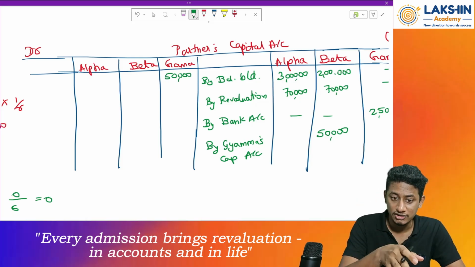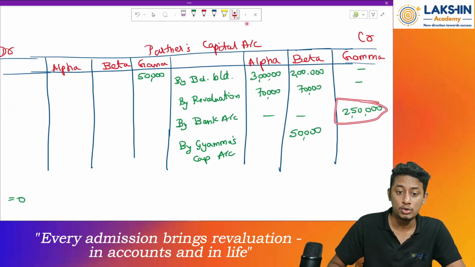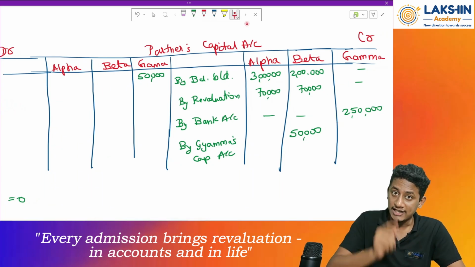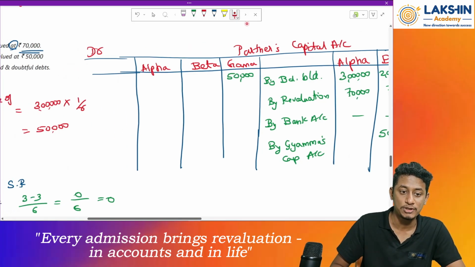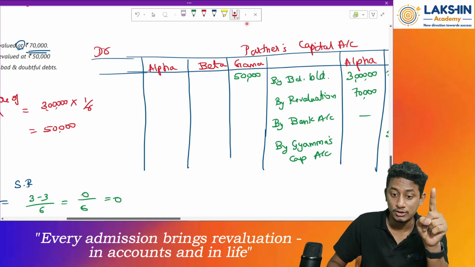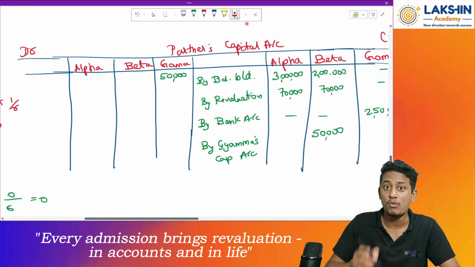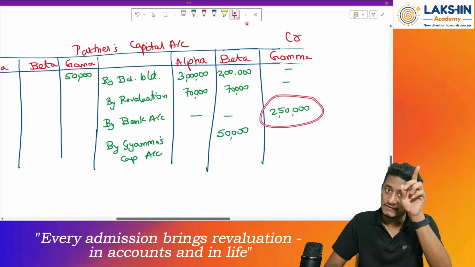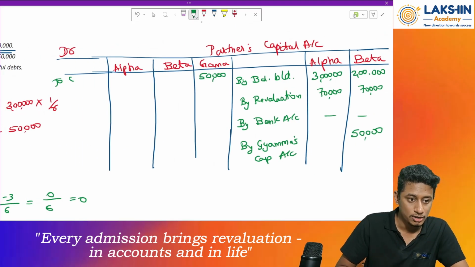Only 2,50,000 rupees he has brought in towards capital. So as a punishment, we will reduce the value of his capital by rupees 50,000, because it was his responsibility to compensate beta. Did he compensate by bringing money? No, sir. So we will reduce his value from the capital itself, to gamma's capital account.